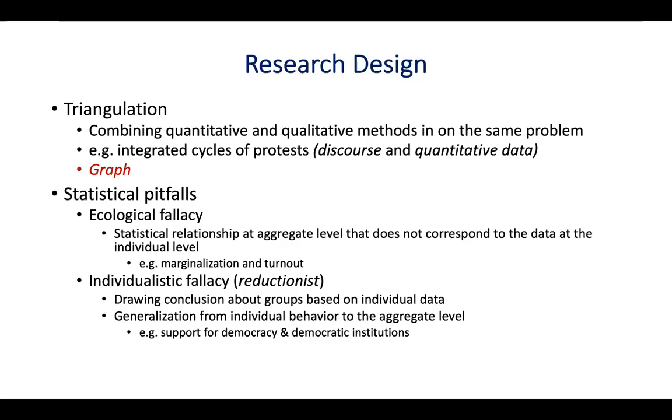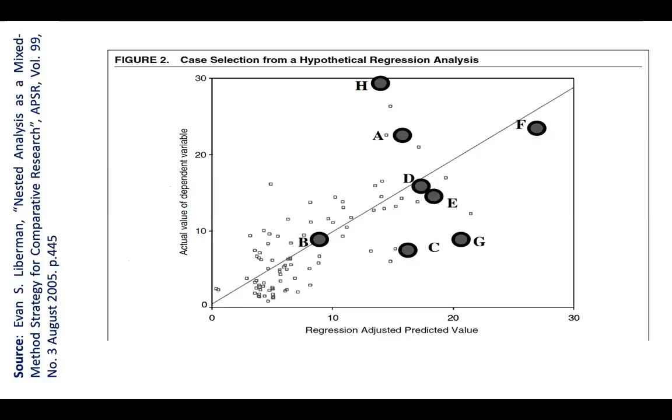So here, with the quantitative, you can graph the findings or the results, and then you can select the cases, or go into qualitative methods, based on the quantitative findings. This is very common.